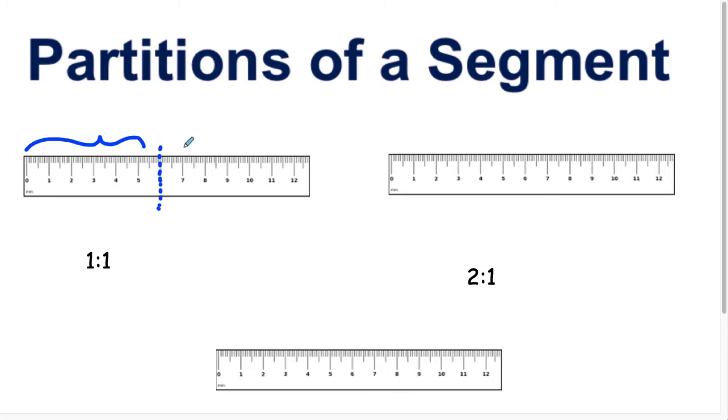Now, if it's a 2-to-1 ratio, that means we could partition it so that the left side is twice as big as the right side, which is 1. To do that, we want to add up 2 plus 1 to get the total. 2 plus 1 is equal to 3.